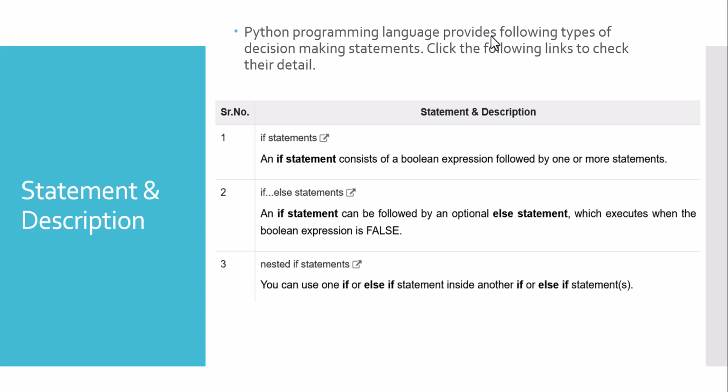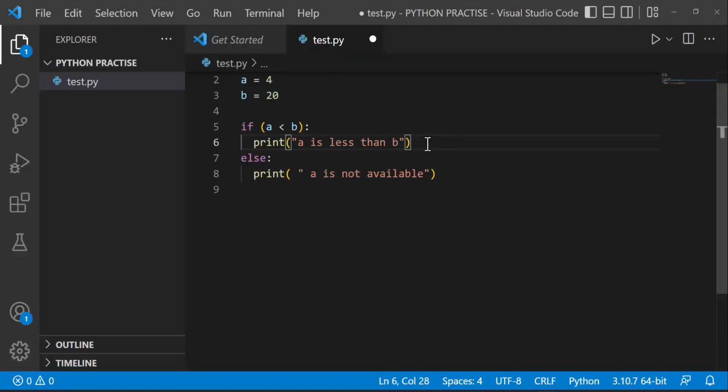Python programming language provides the following types of decision making statements. See, if statement we already saw, if else we already saw, nested if else means inside one if else you can use another if else. Okay, those are known as nested if else. If you want, I can show you also, no problem for that. Then A is less than B. Similarly, if you want to write the nested if else, then else if.